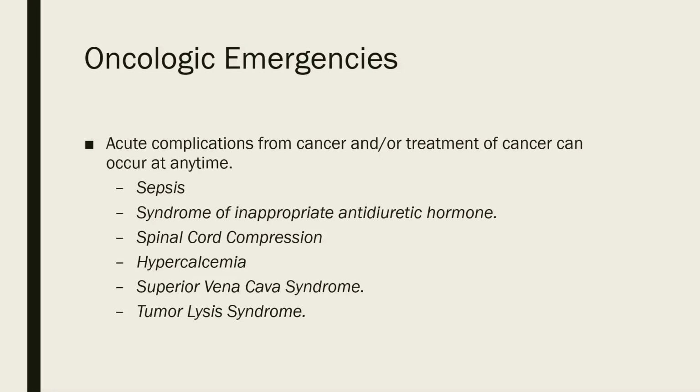They can have spinal compression from tumor. They can have hyperkalemia. They can have superior vena cava syndrome, which is that buildup of pressure. They can have tumor lysis syndrome as well. You don't need to know these in depth. I would make sure that you're aware that it's because of their immunosuppression that they can have sepsis.